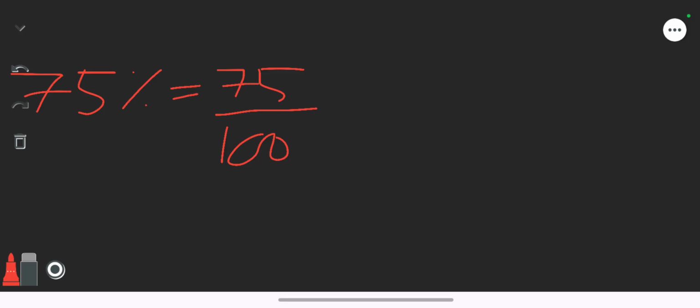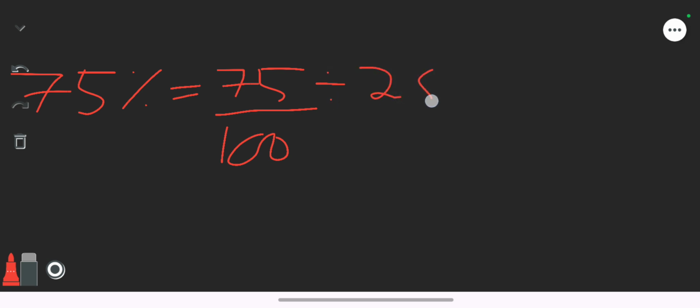So the highest common factor, or the greatest common factor, we can use to simplify this fraction into its simplest form is 25.